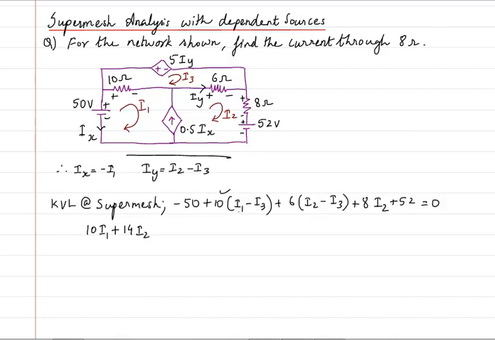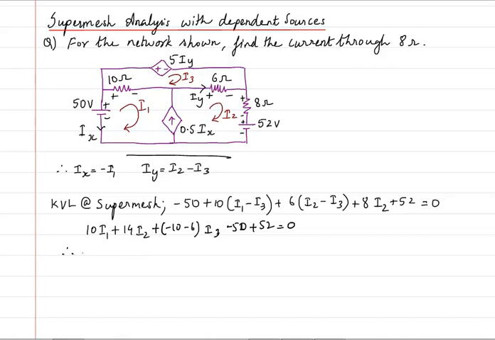So plus of minus 10 minus 6, I3. Okay, and then the minus 50 plus 52 is equal to 0.